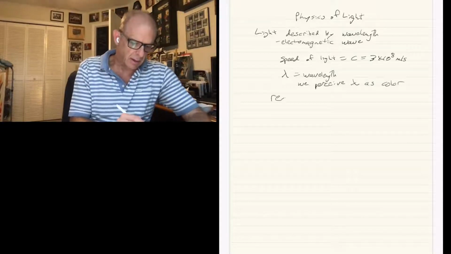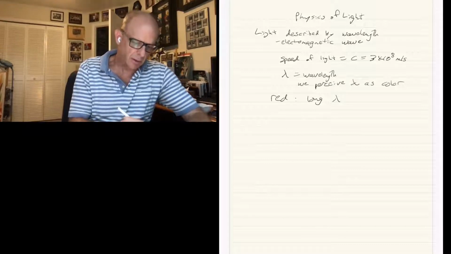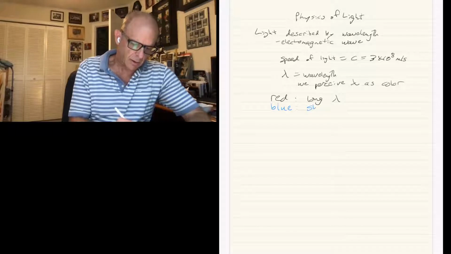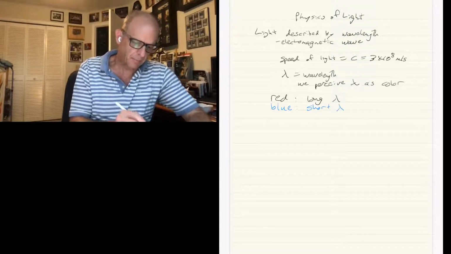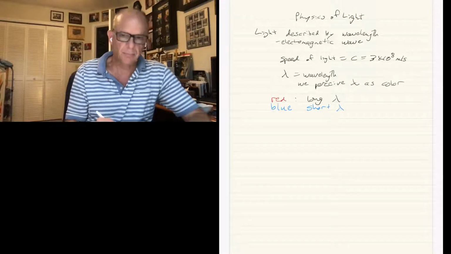Red is a long wavelength, and blue, if I could be cutesy here, blue is short wavelength, or small lambda, and red is a large wavelength, or large lambda.